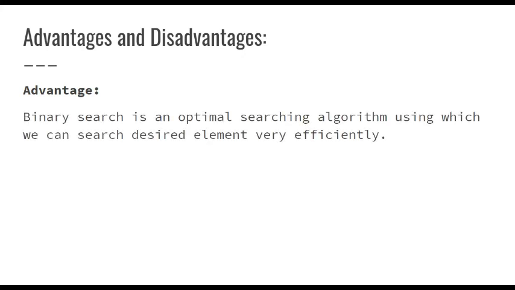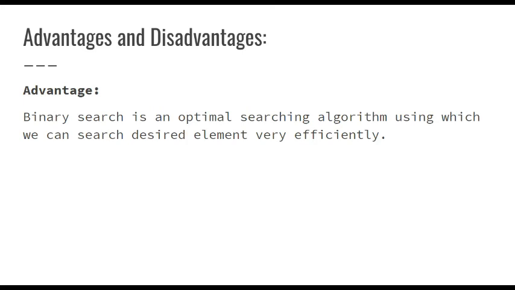Then we discuss the advantages and some disadvantages of binary search. First, the advantages. Binary search is an optimal searching algorithm using which we can find elements very efficiently. It is a very efficient method for searching in our list.